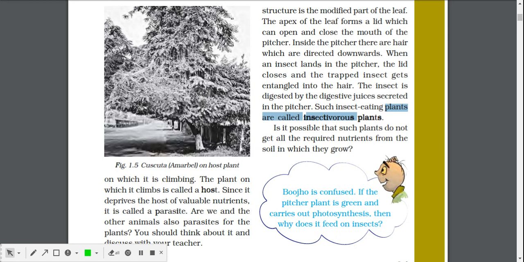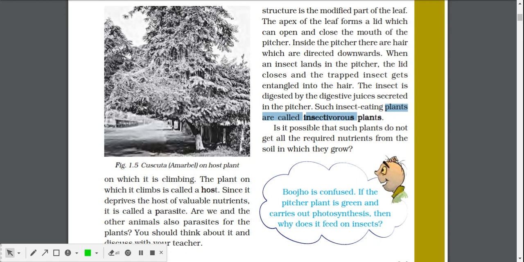If an insect or bee flies and sits on the apex of the leaves, they shut their mouth. The insect gets trapped inside, and due to the digestive juices present, they digest that insect and obtain their food.